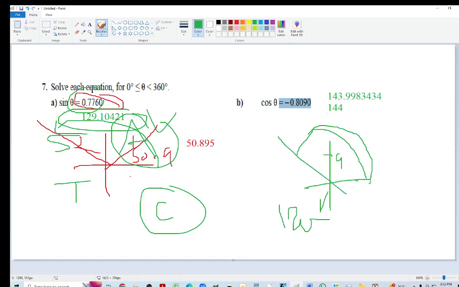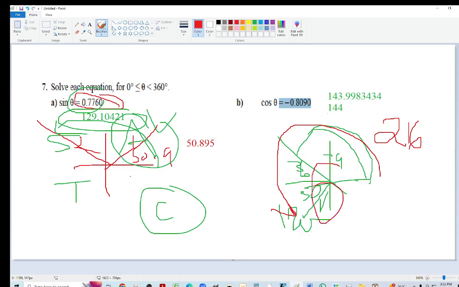So the question is, what's that acute angle? Well, that acute angle is 180 minus 144. That acute angle is 36. So to find this terminal angle, which goes all the way to there, it's 180 plus 36. So really, it's talking about 180 plus 36, which is 216.